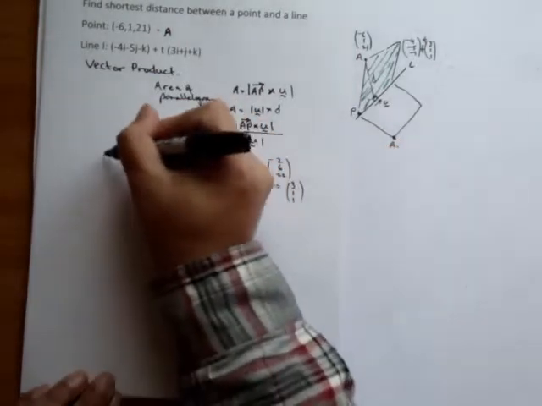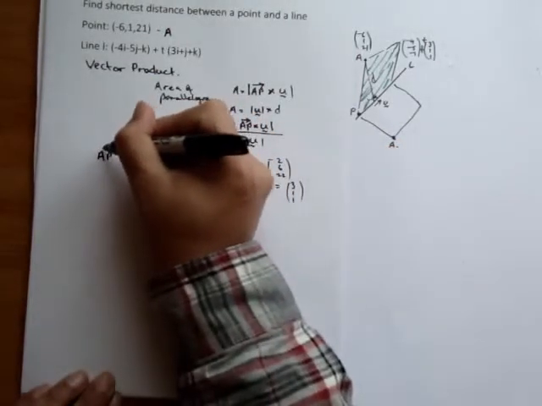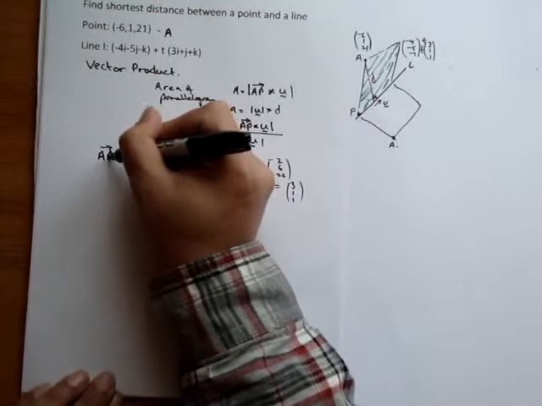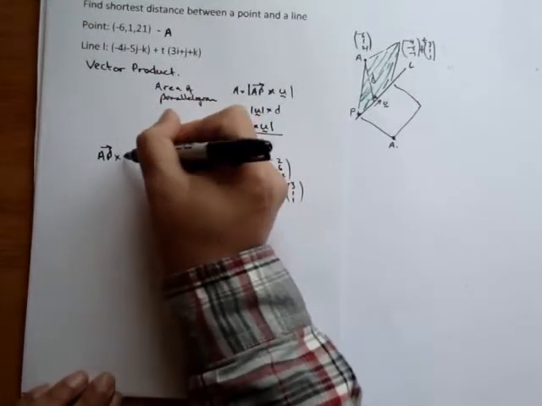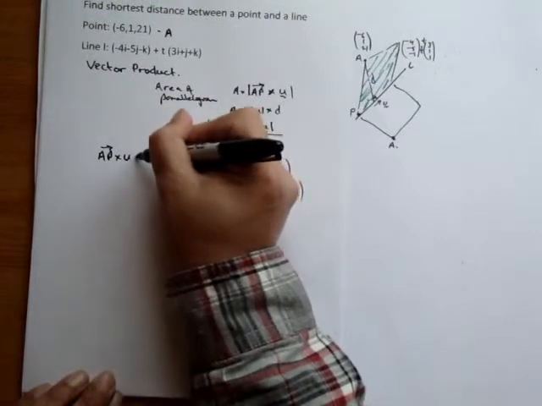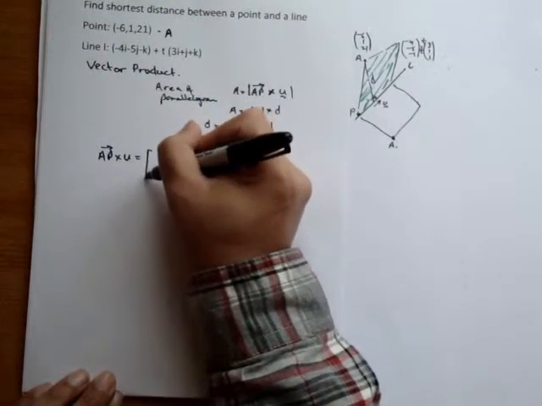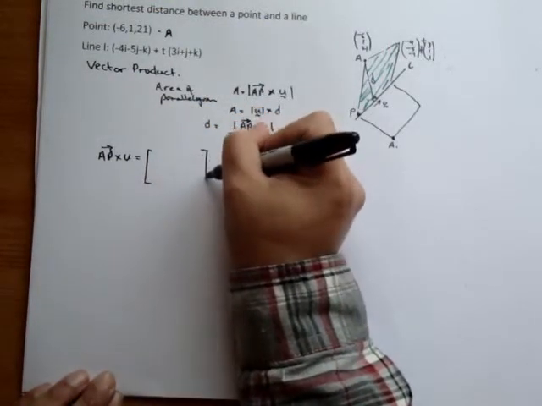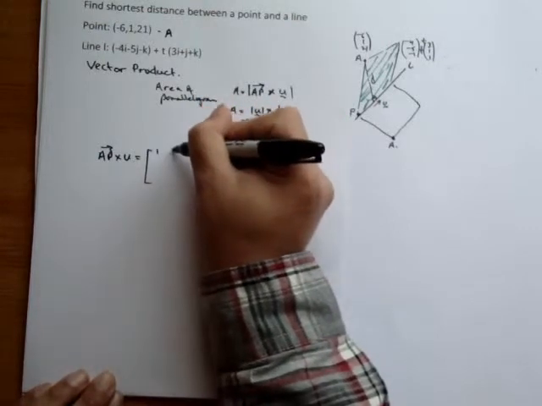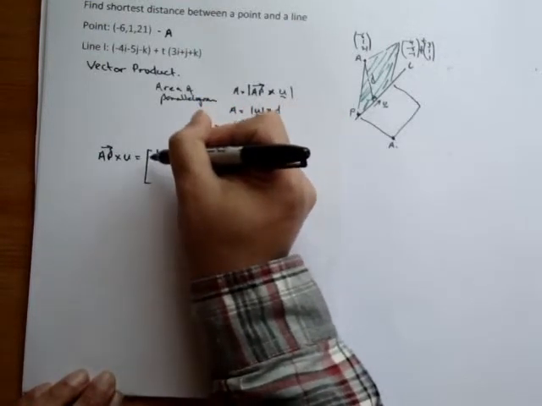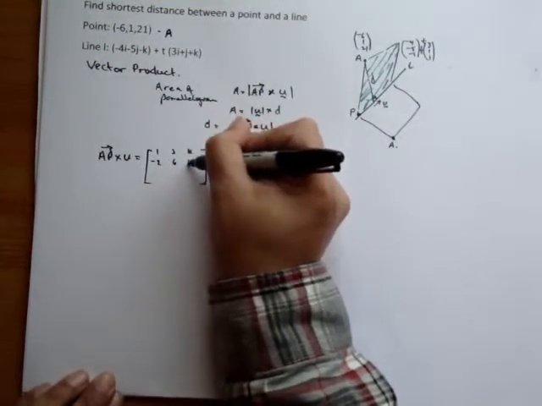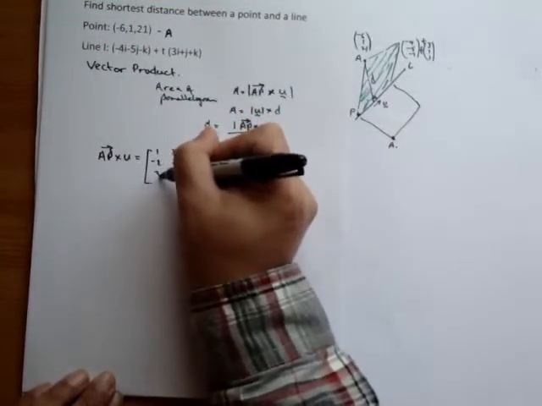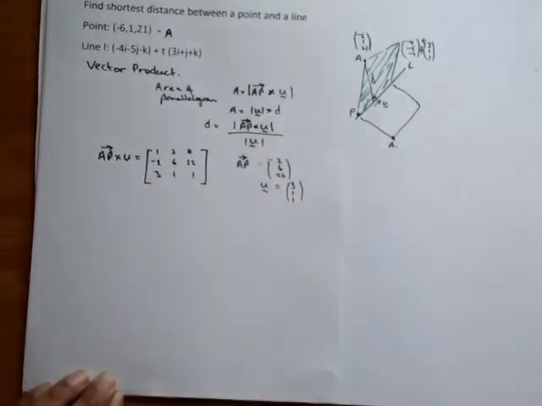So now we have our AP cross product with u, and we draw our matrix: i, j, k, minus 2, 6, 22, 3, 1, 1.